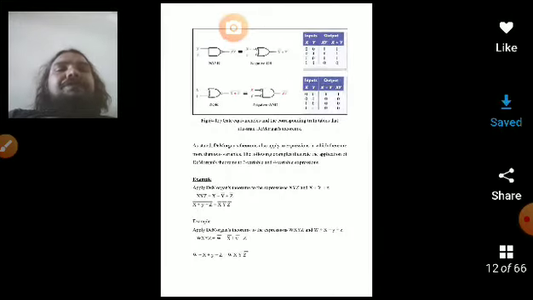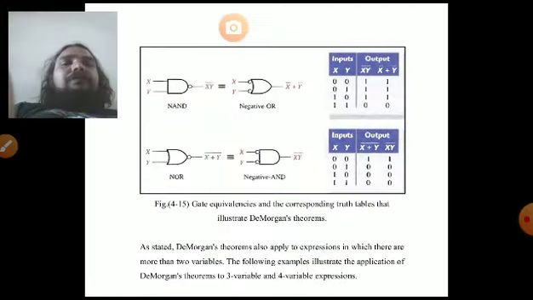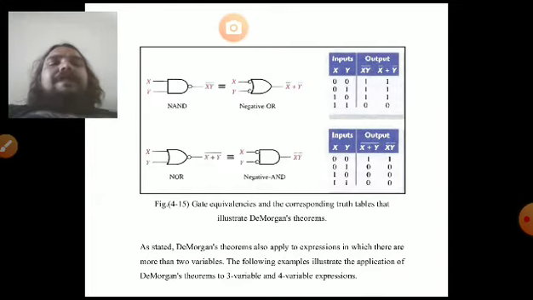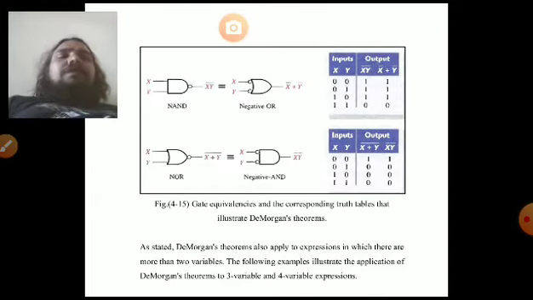These are the basic circuit diagrams of De Morgan's first theorem as well as De Morgan's second theorem, proving LHS is equal to RHS.